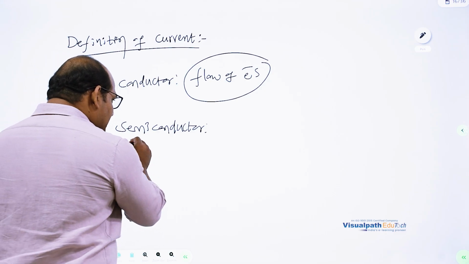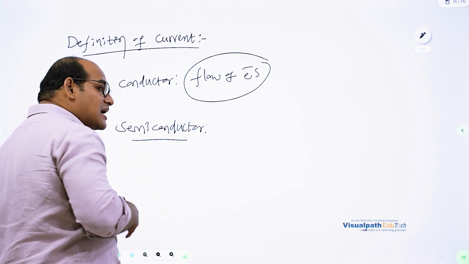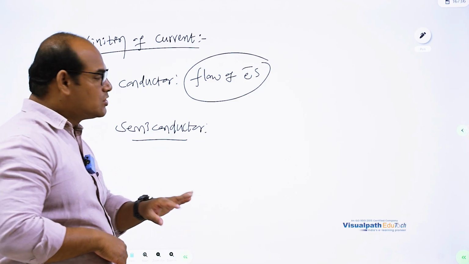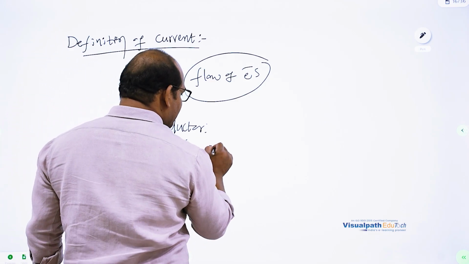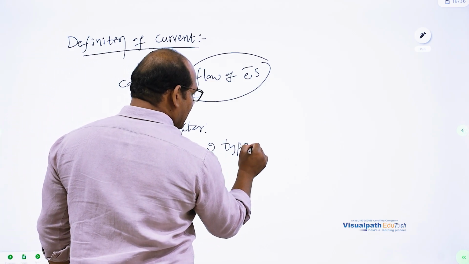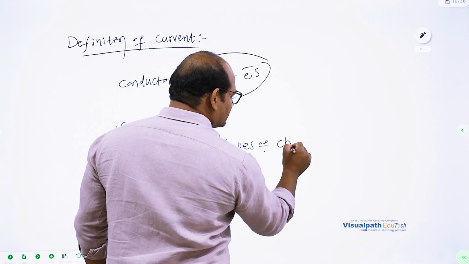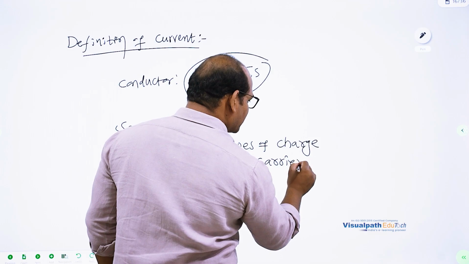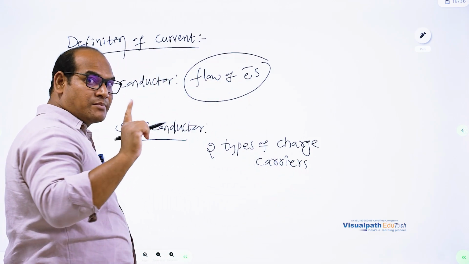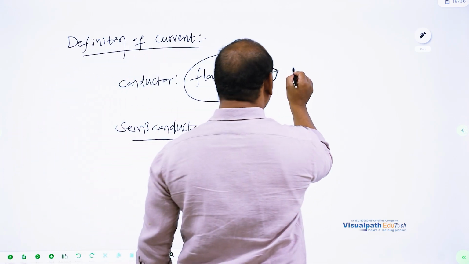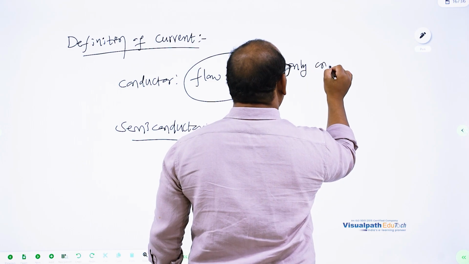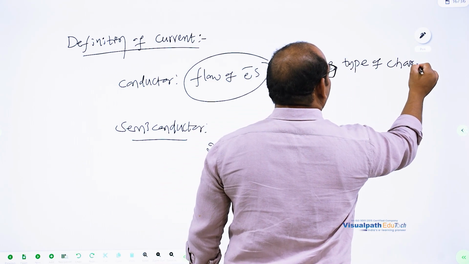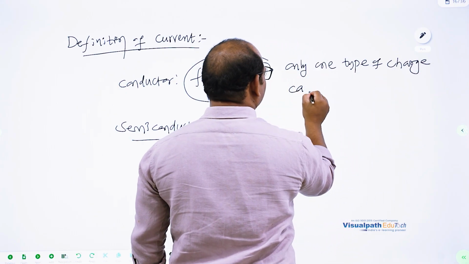But when you deal with a semiconductor, current is not just because of the electrons. Current is because of the holes also. So we have two types of charge carriers in the semiconductor. But in case of the conductor, only one type of charge carrier.